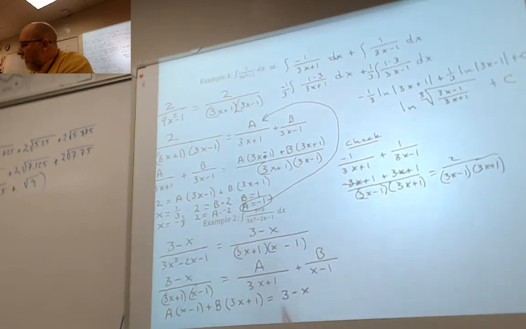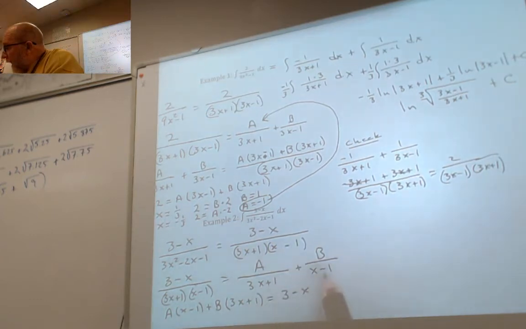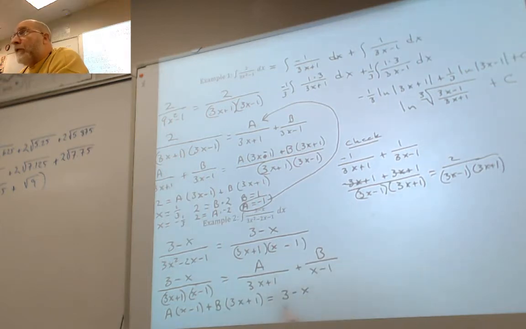In other words, I'm making a few jumps here. I'm ignoring the denominator, right? I'm just going right to the numerator. When I multiply a by x minus 1 and b by 3x plus 1, the denominators are going to be the same. And I'm only interested in looking at the numerator, so I came up with this equation.